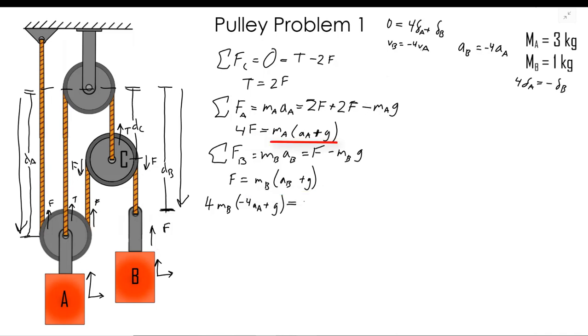And then we're going to have this side of the equation, MA, parentheses, AA plus G. So literally all we did was we just shoved this into right here, and then we also shoved that into AB. So that's all that went down right there.